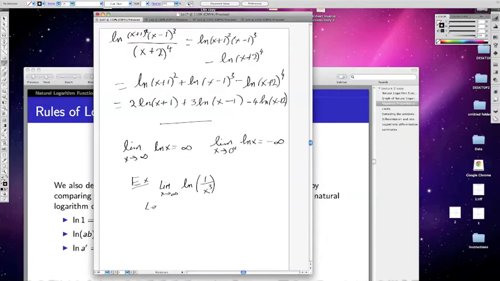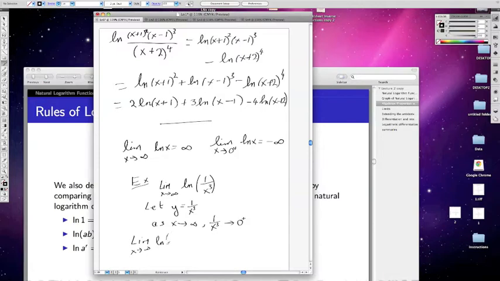So I'm going to let y equal 1 over x cubed and examine its behavior as x approaches infinity. As x goes to infinity, 1 over x cubed will go to 0 because the x cubed gets larger and larger, and it's always positive, so it'll go to 0 from the right.